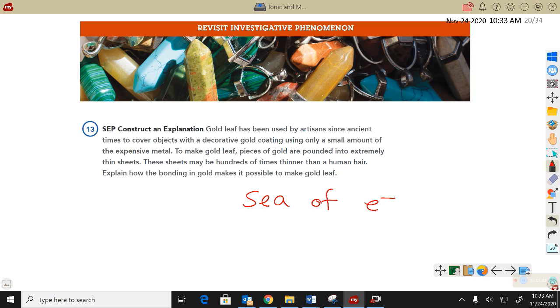Here, the electrons are just sent out to flow amongst all the positive nuclei. That allows me to pound it really thin, because those atoms can go into a really thin layer, because the sea of electrons allows the positive nuclei to move.